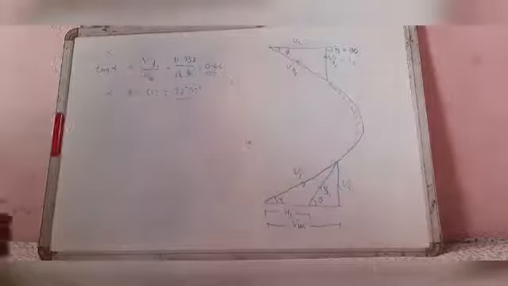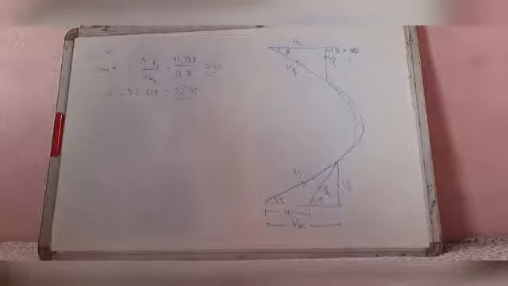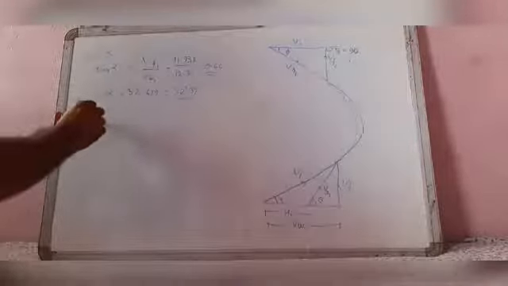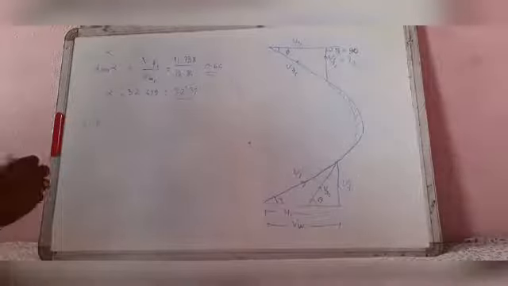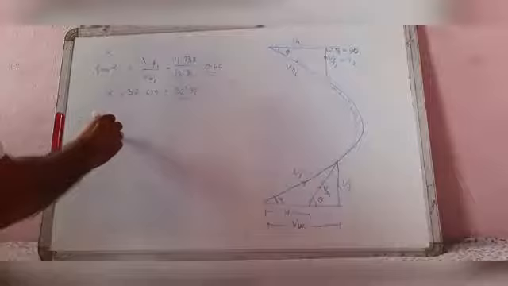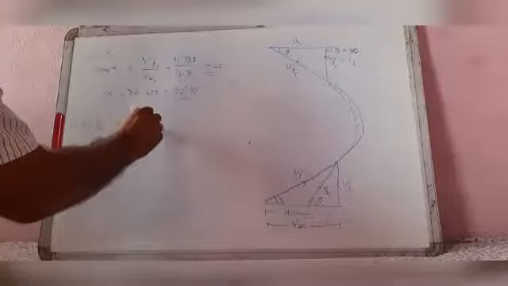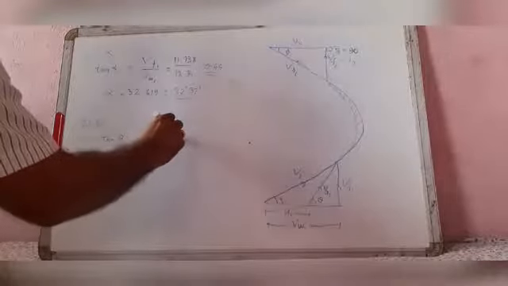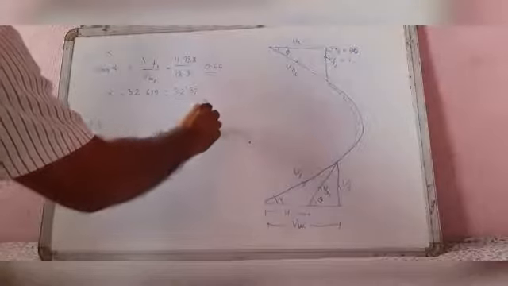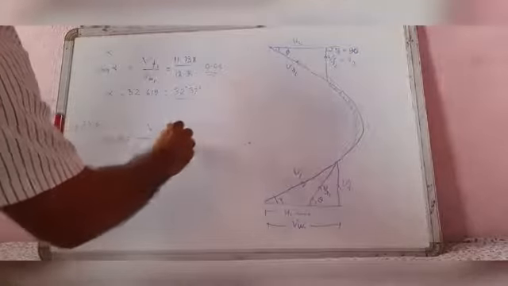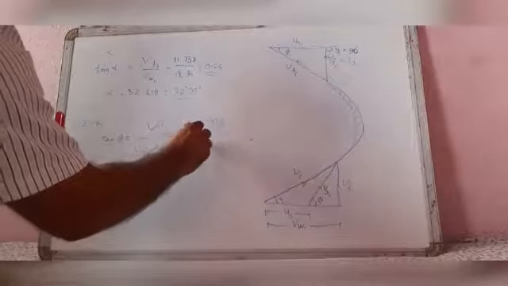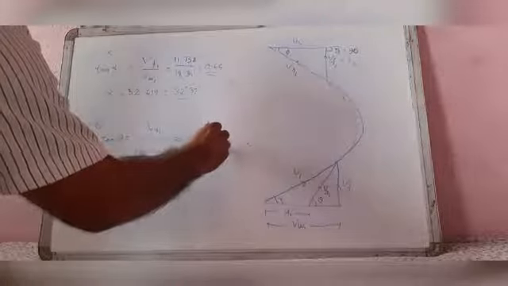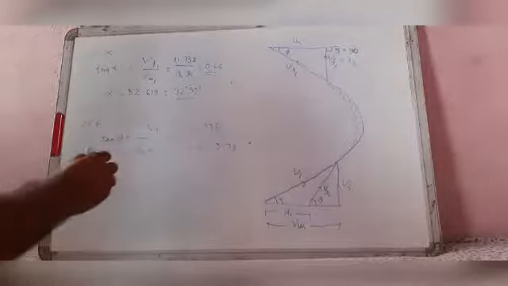This is the value of alpha. And the wheel vane angle at inlet theta: tan theta equal to VF1 by VW1 minus U1, that is 11.738 by 18.34 minus 3.179.